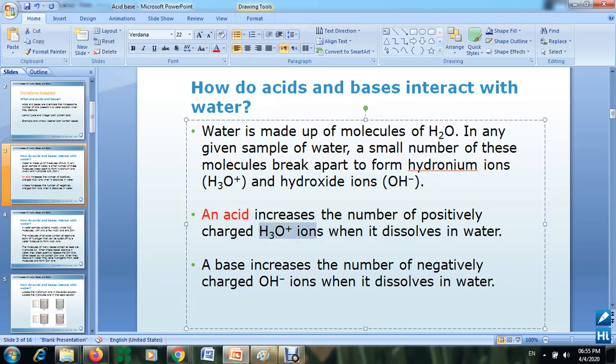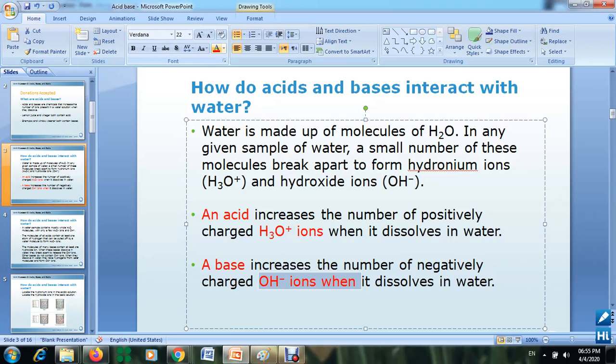They will increase the number of negatively charged ions when dissolved in water. So this is the difference between acid and base.